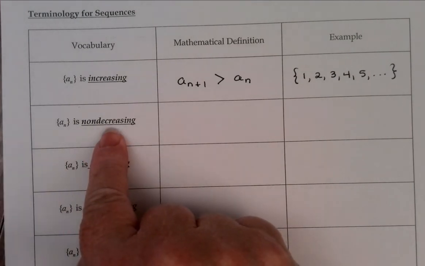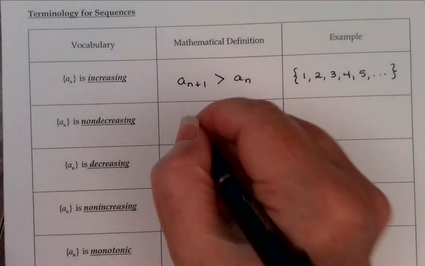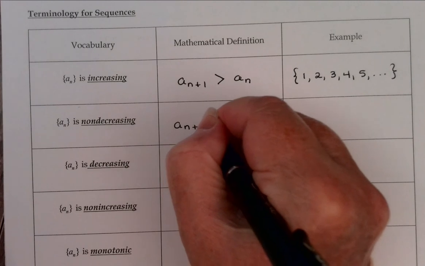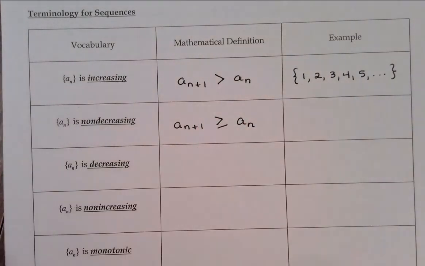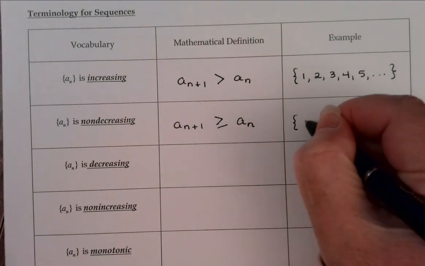Non-decreasing, we simply allow for the possibility that 2 terms in a row are equal. So a sub n plus 1 is greater than or equal to a sub n. Good example of a non-decreasing sequence is the Fibonacci sequence.